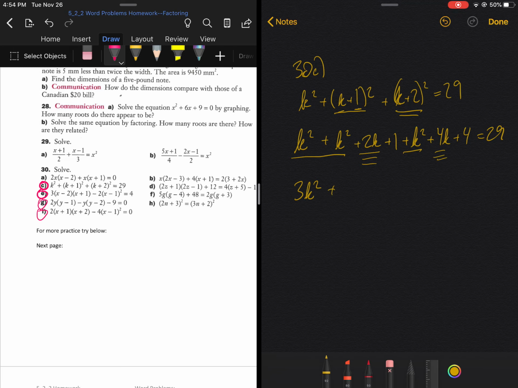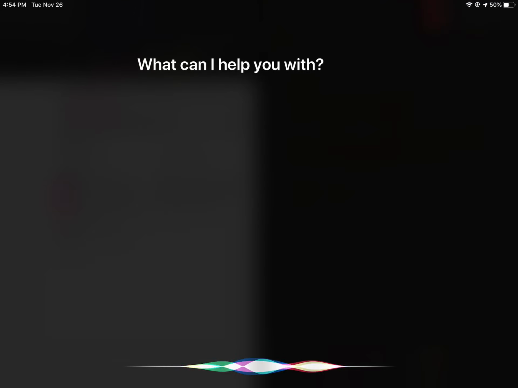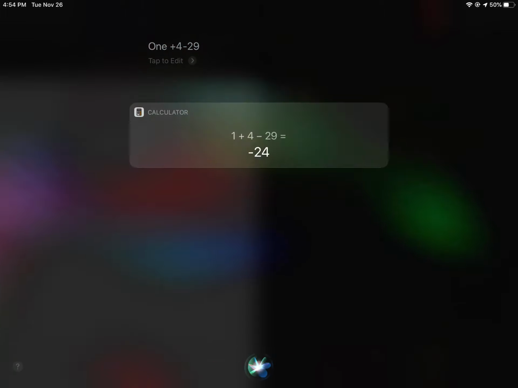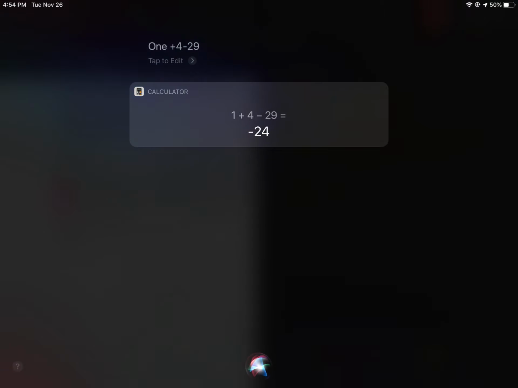That's 2k squared. That's 3k squared, 3k squared plus 6k plus 1 plus 4. Let's bring this minus 29 over. 5 minus 29. So let's do that.